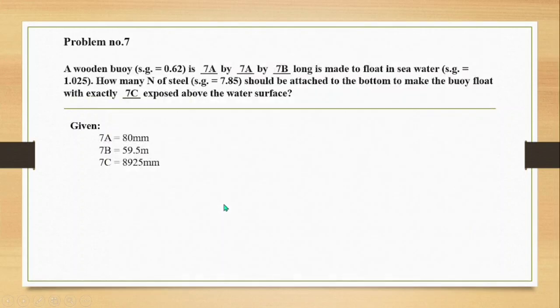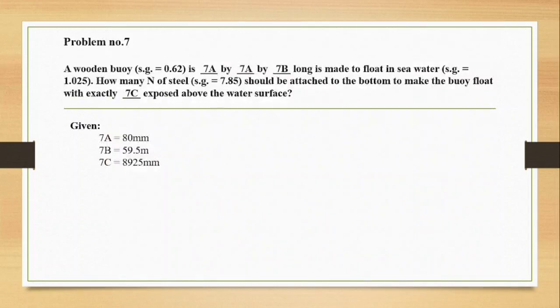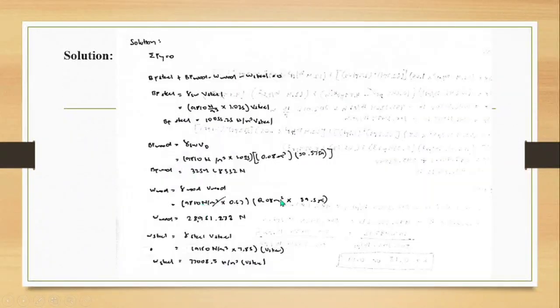Next, our W wood is the same: 9,810 Newton per meter cube times 0.6, a constant value, times our given 0.08 meter cube, times 59.5 meter. That 59.5 is the given in number 7. Then we calculate, and the meter cube cancels. Our answer for W wood is 28,951.272 Newton.